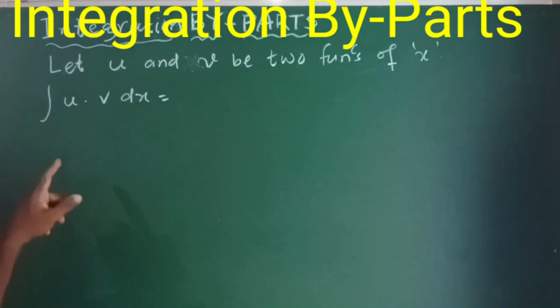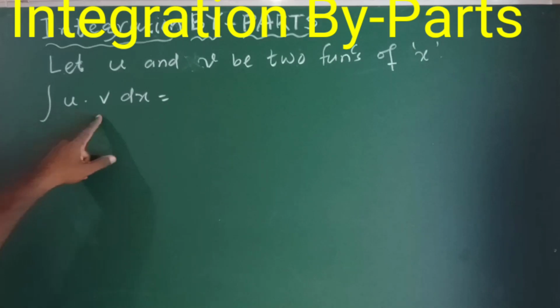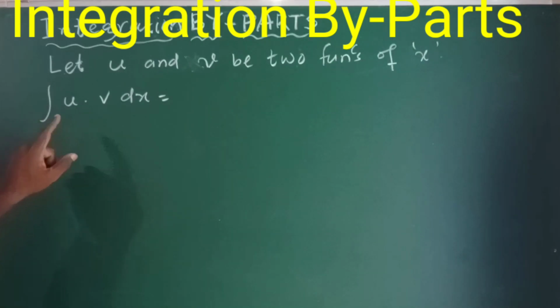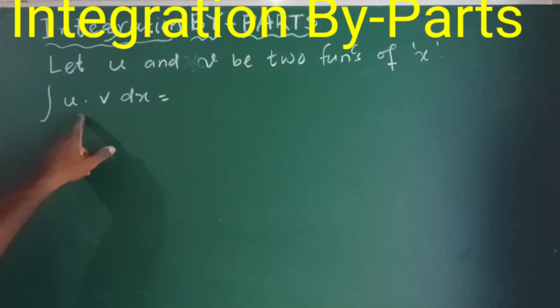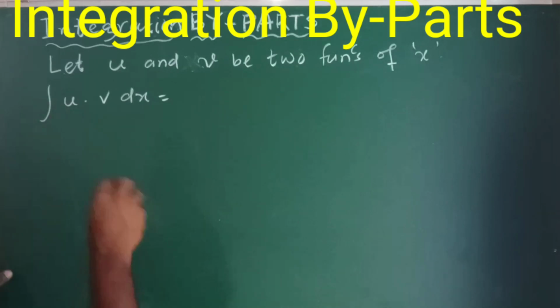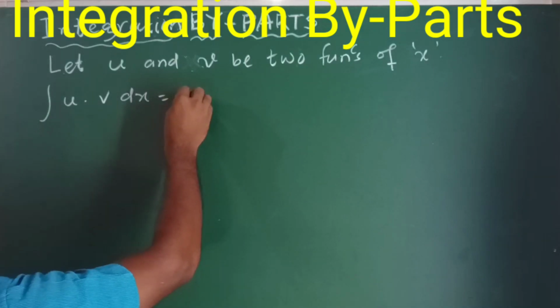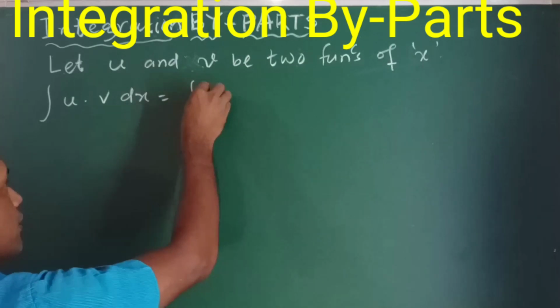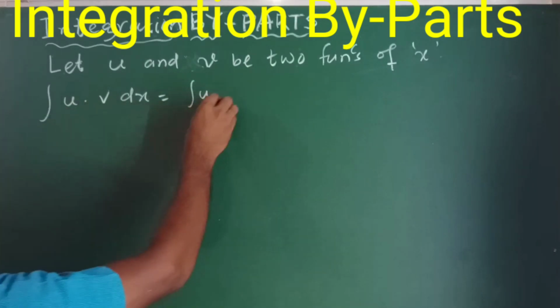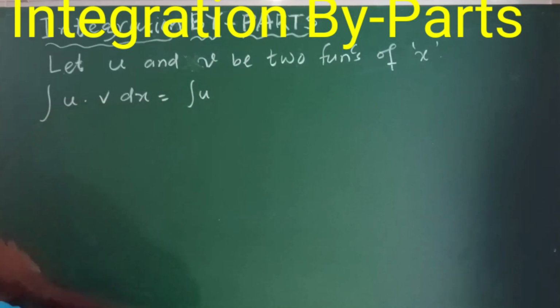Suppose here we want to integrate u into v. This is the product of two functions, and the formula for the integration of a product of these two functions is as follows. Suppose u is the first function and v is the second function.